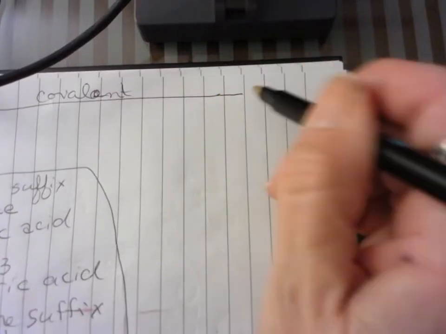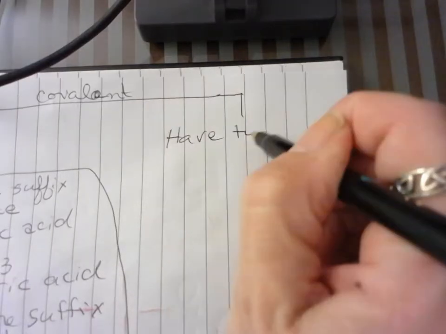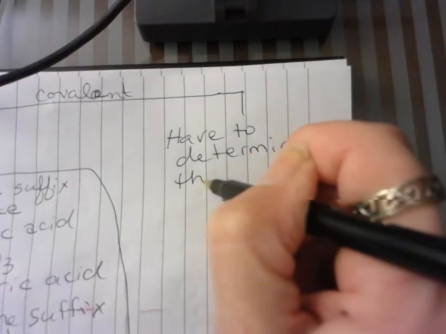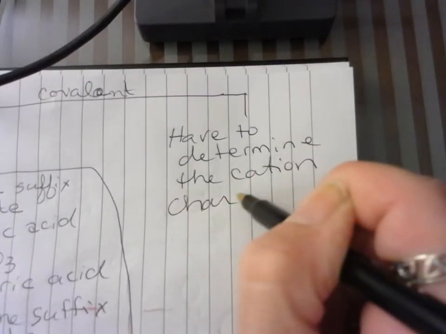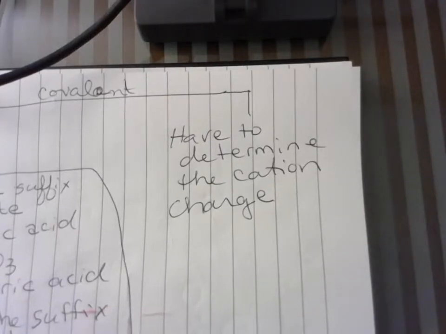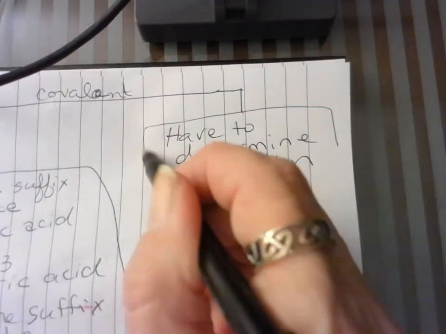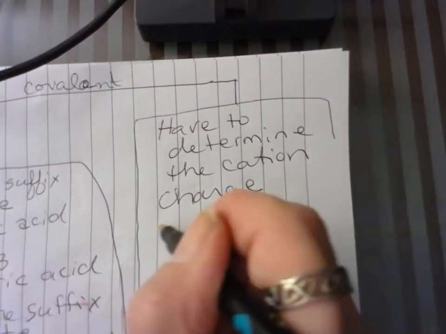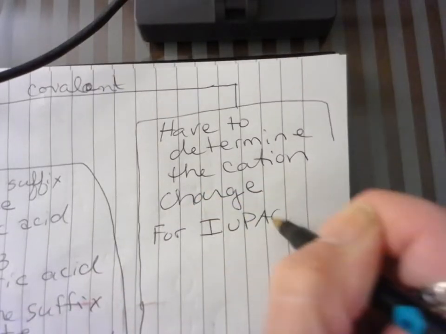No matter what, you have to determine the cation charge when you're using IUPAC nomenclature. Now, there are two ways to name these. There's the IUPAC way, and there's the traditional way.